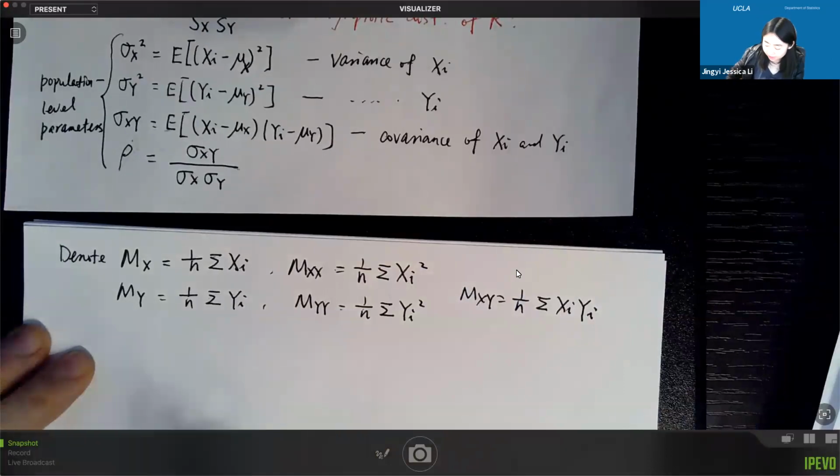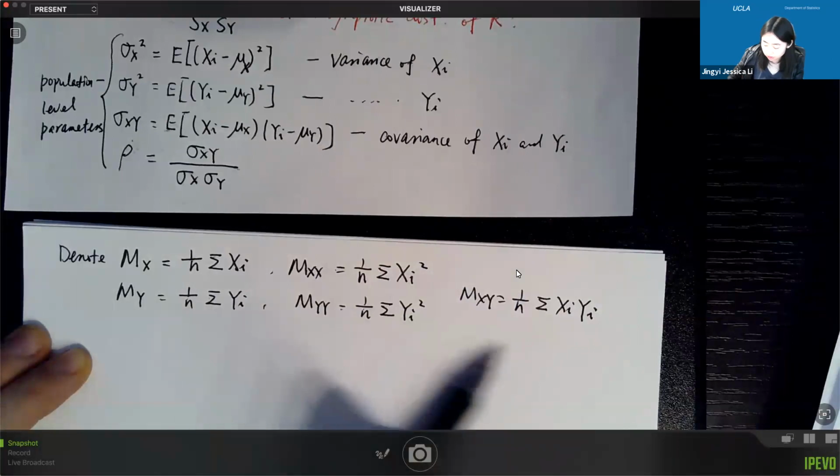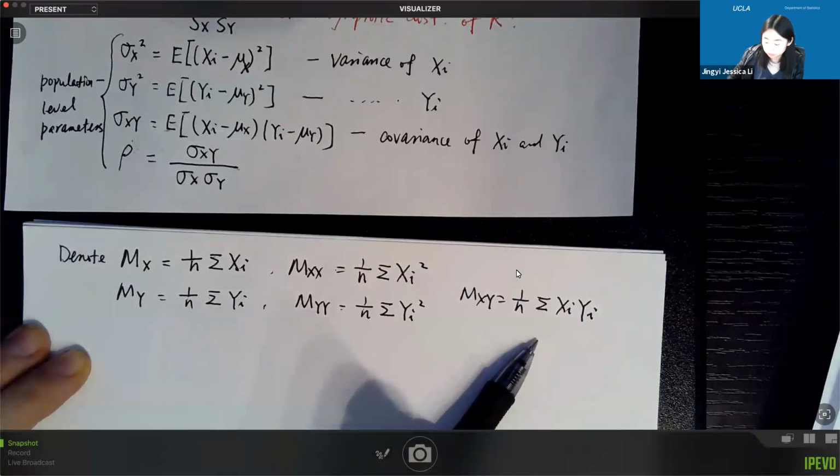Then you see, I can derive the joint distribution of these by the central limit theorem.